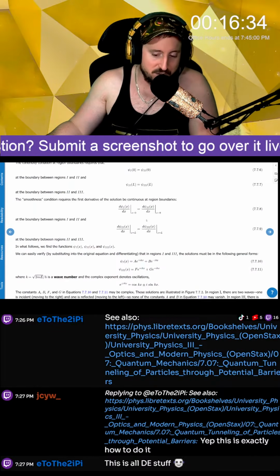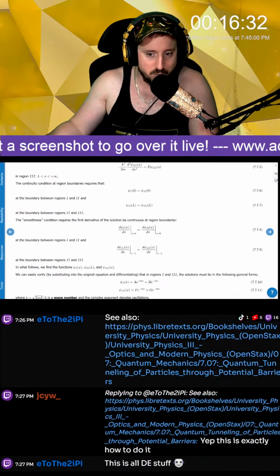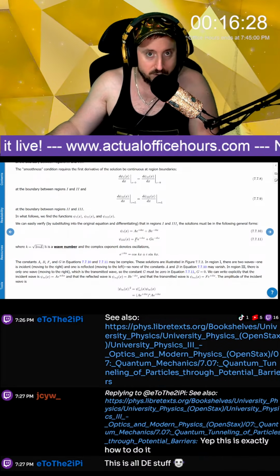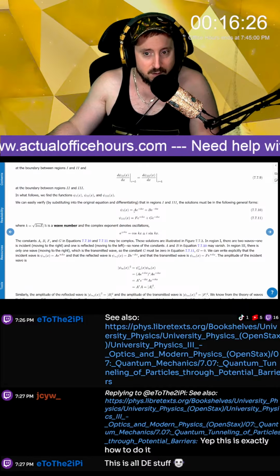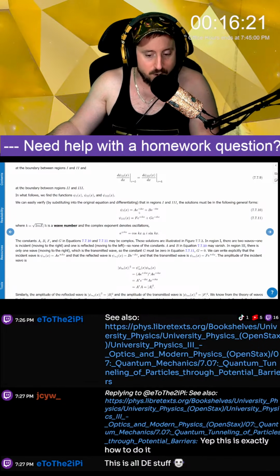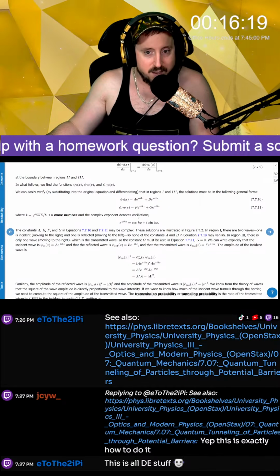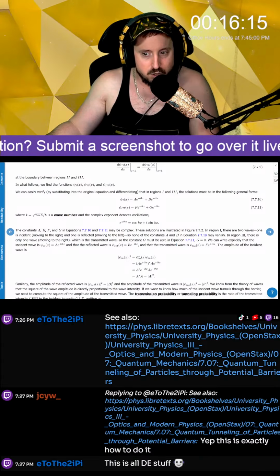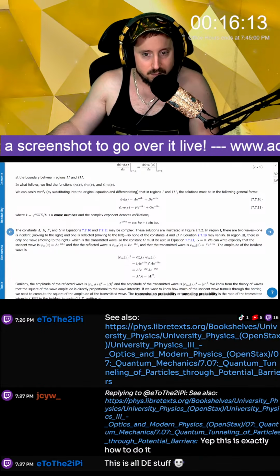Yeah, differential equations is always cute because you say, oh, I'm going to assume my solution is of this form, and then you can prove that it works because you just plug it back in and take derivatives. Right. You have e to the ikx in 1 and 3 because it's strictly a traveling wave. And then in region 2, you should have a decaying wave, right?